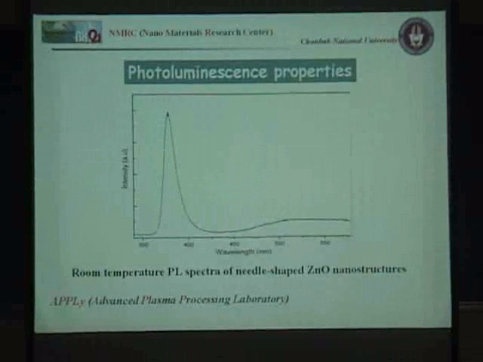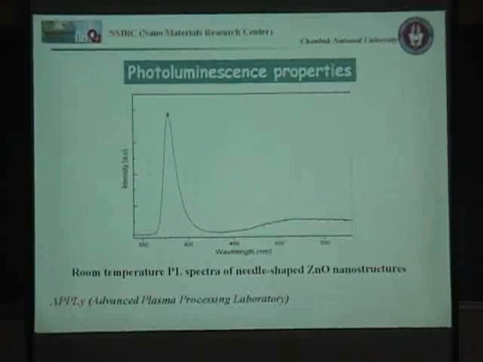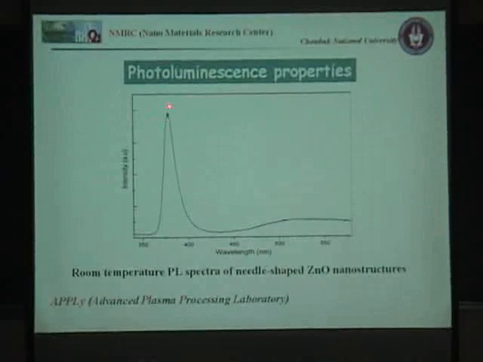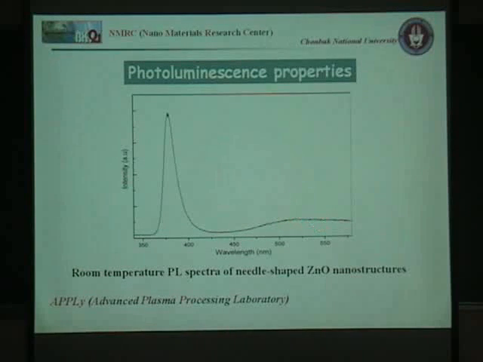The photoluminescence property of these nanostructures also shows a near band edge emission in the UV region and a deep level emission in the visible region. In this case, we also observe this UV emission at 378 nanometer, while this broadband in the visible region we observe at about 520 nanometer, which is almost similar to our previous zinc oxide flower-shaped structures.